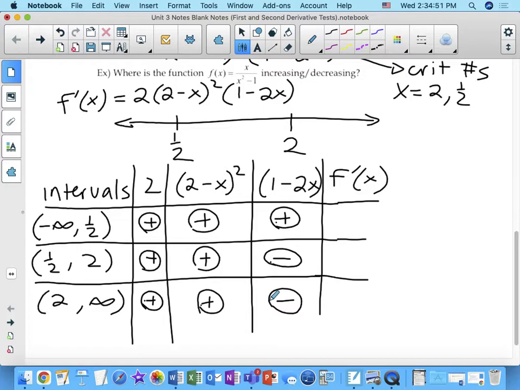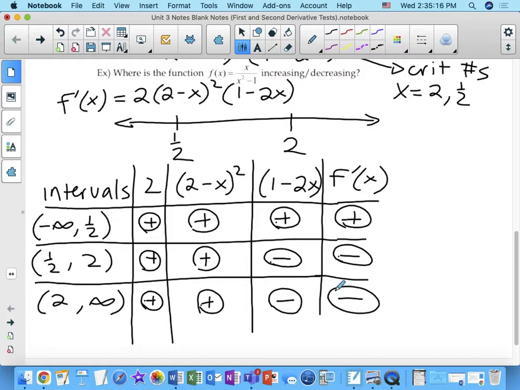So in this interval, f prime of x is positive times positive times positive. What's its sign going to be? In this interval, it's positive times negative. In this interval, it's positive times negative, so it's negative.